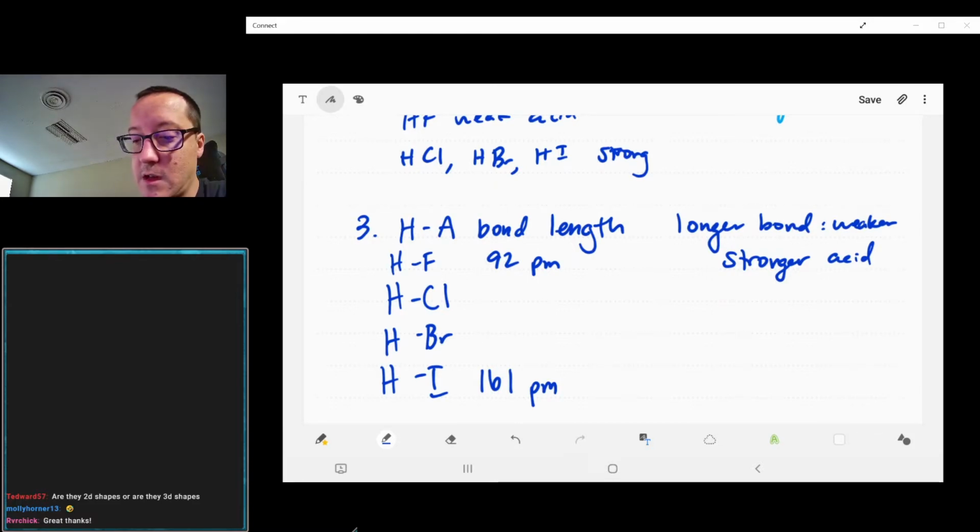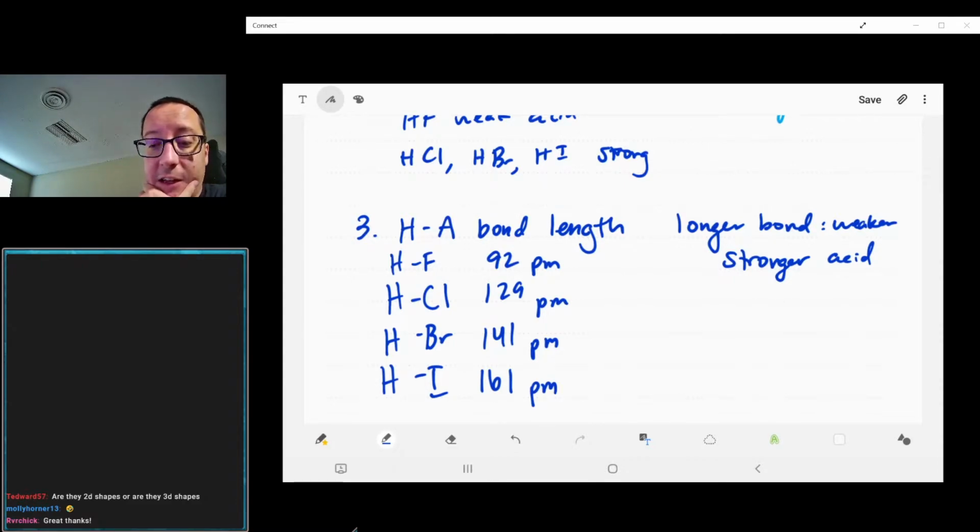HCl is 129. And then HBr, let's get that. HBr, single bond. What are these? These are bond energies. I want bond length. 141. Okay. Picometers. Cool.